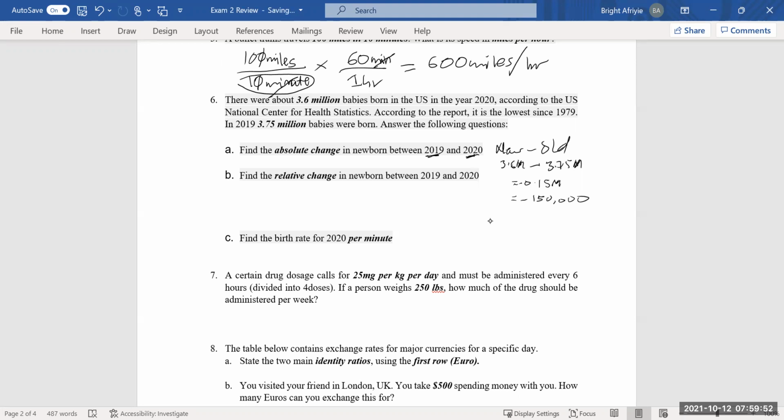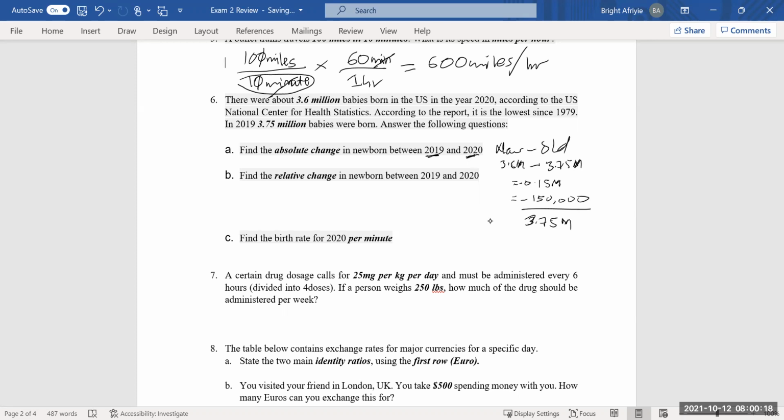Now for the relative change, we know that relative change is the new minus the old over the old. Is that okay? Now, because the new minus the old is the absolute change, we could divide the absolute change by the old, which is 3.75 million.